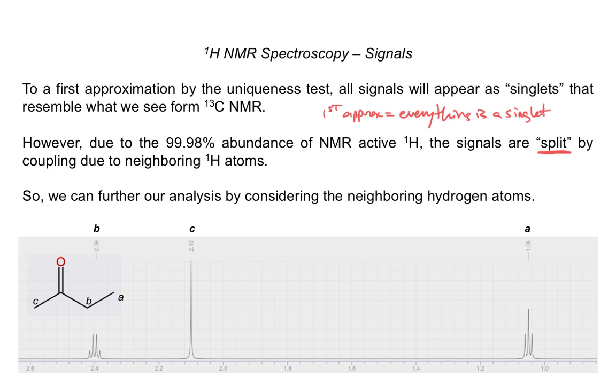So multiplicity results from splitting. And why that happens will probably be Wednesday or Friday when we talk more about spin states. Again, because the question we still want to answer is, in this ratio here of 1 to 2 to 1, why is it that ratio? And again, that relates back to the spin states of the neighbors.